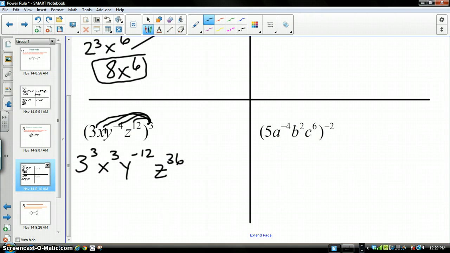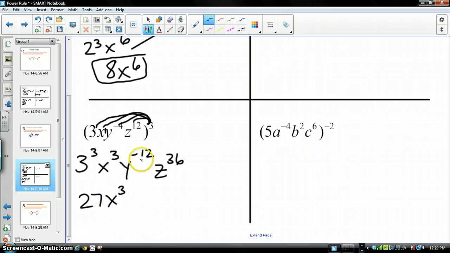Now, we're not done. We need to simplify this yet. 3 to the third is not simplified. So 3 to the third equals 27. 3 times 3 is 9, times 3 is 27. So we have 27 x to the third.